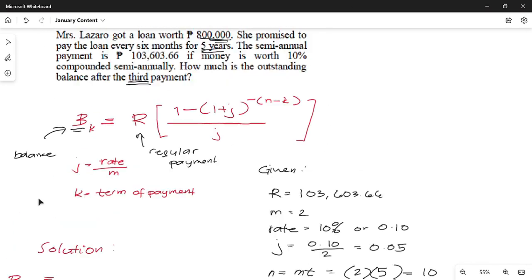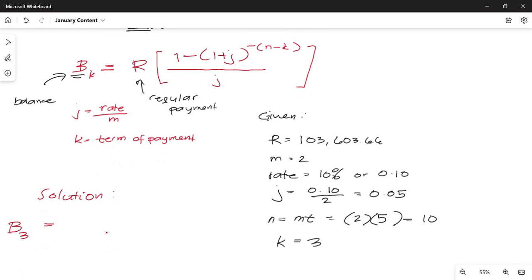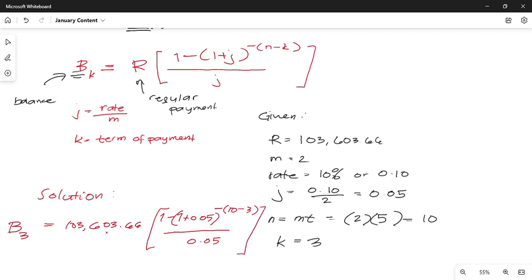Then R is 103,603.66 times 1 minus (1 plus 0.05) to the power of negative (N minus K), divided by 0.05.